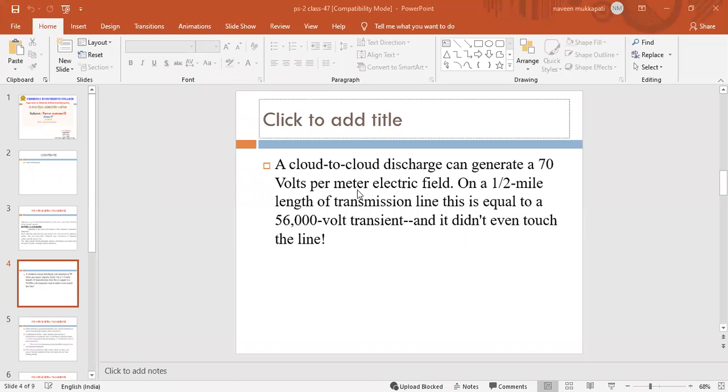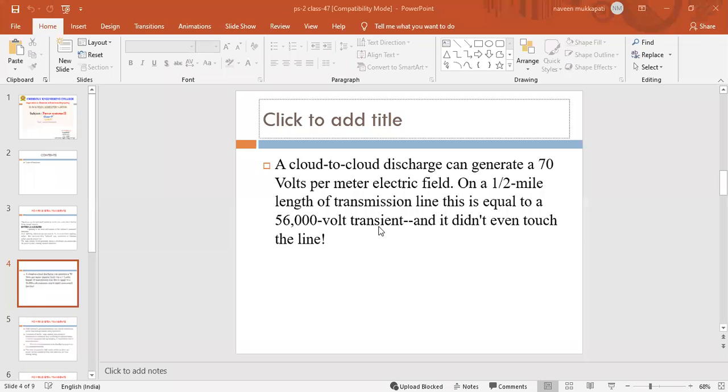On a half-mile length of transmission line, this is equal to 56,000 volts of transients. Therefore, a half-mile length of transmission line can have 56,000 volt transients.